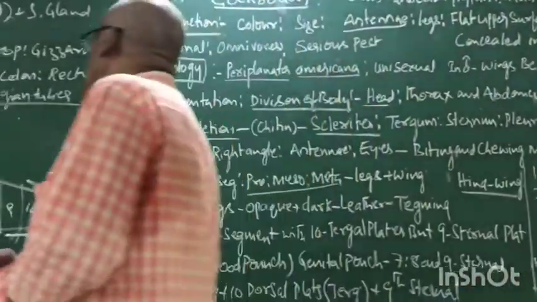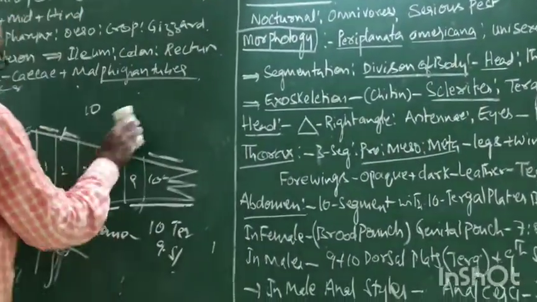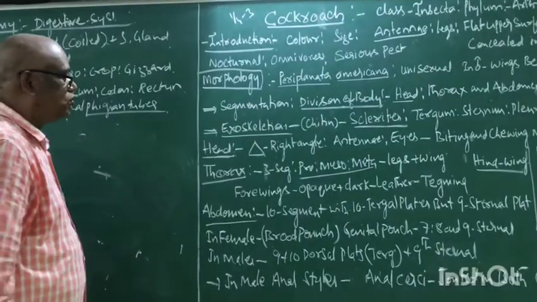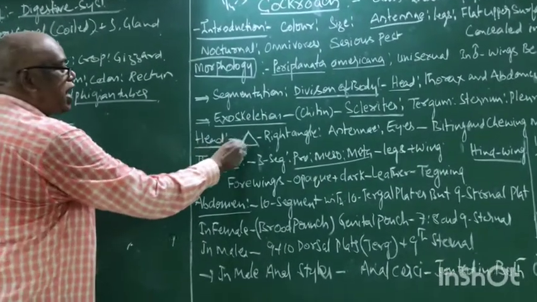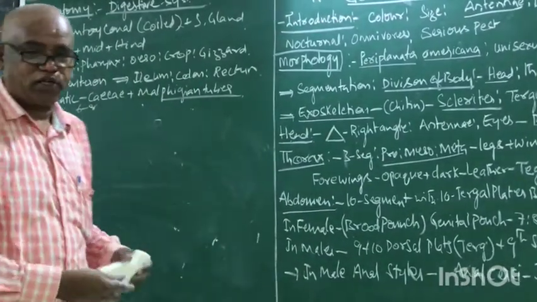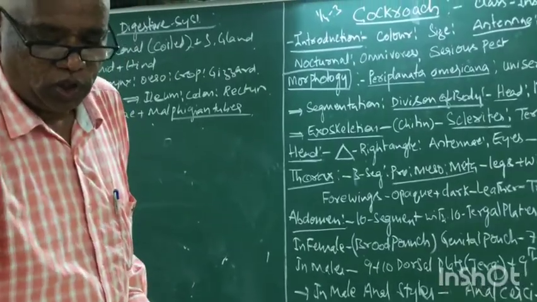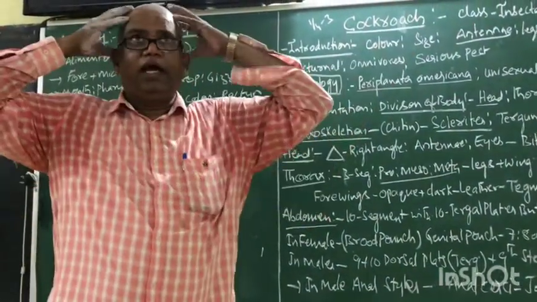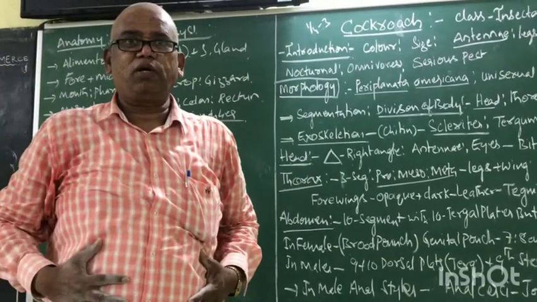Now come to the first part. What is the first part? Head. The head is triangular. Suppose you see our body: head, thorax, abdomen.